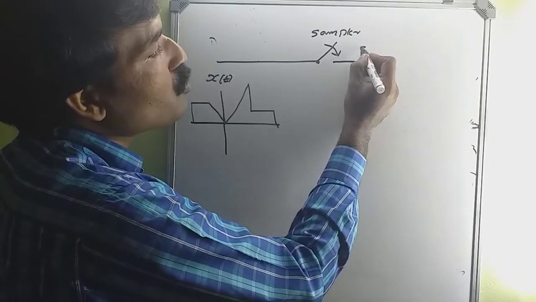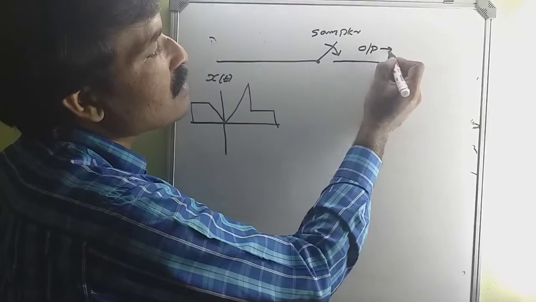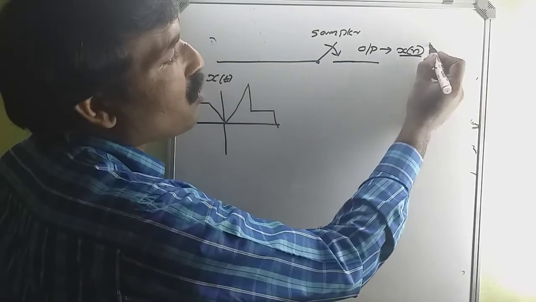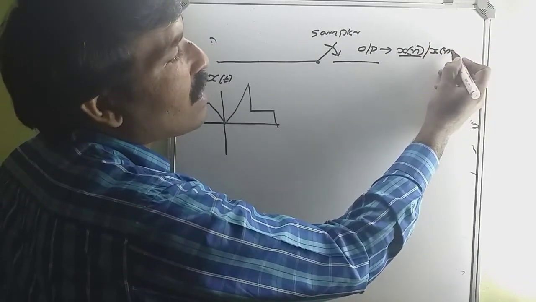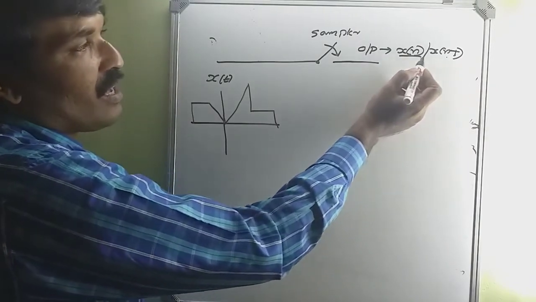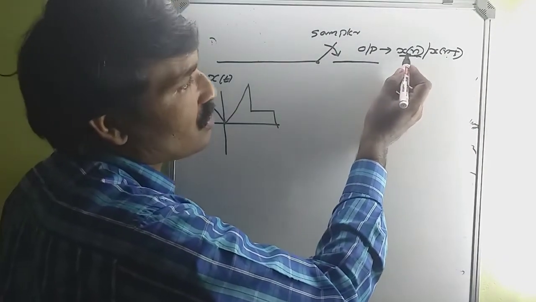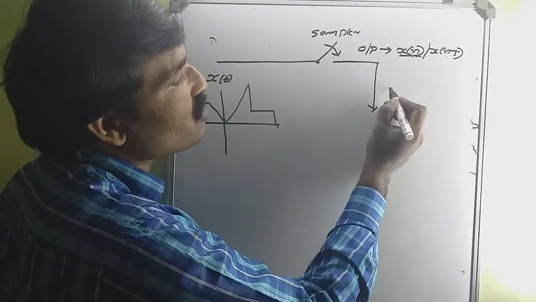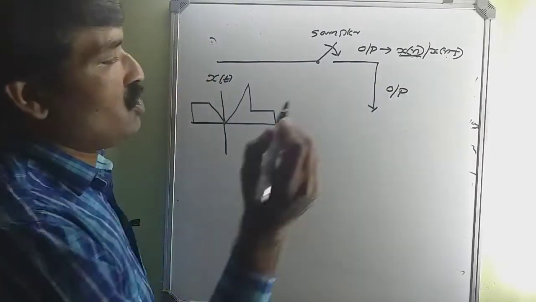Now the output of the sampler is the discrete time sequence, either x of n or x of nT. For uniform sampling, x of nT can be represented by a number sequence, that is x of n. So here we will extract the output.